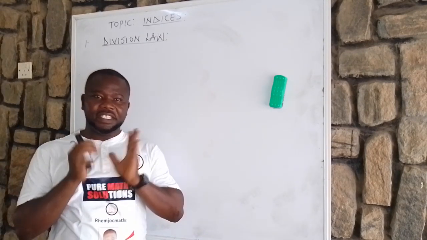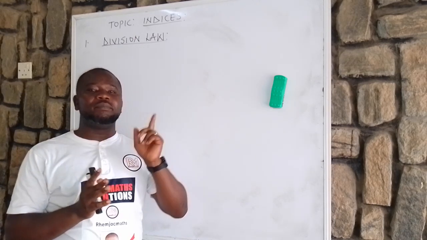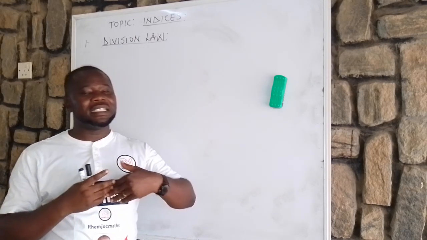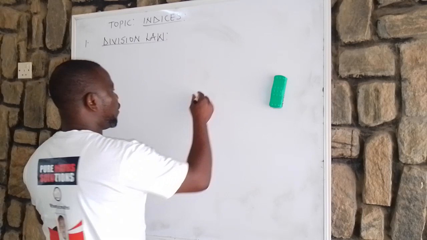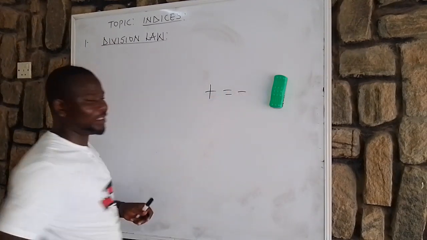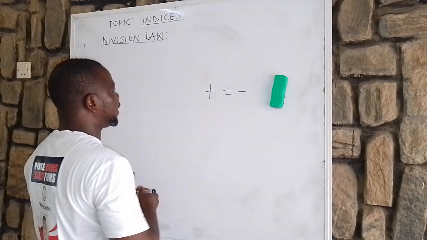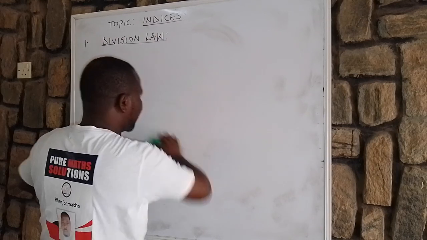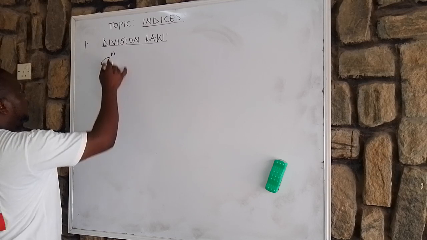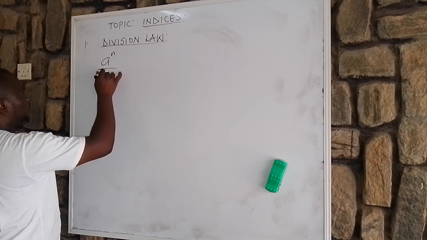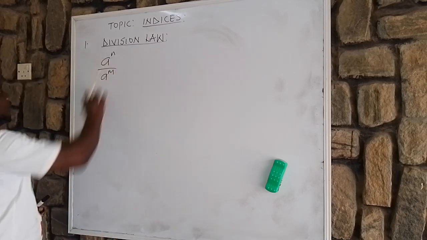Division law is the same approach, but the difference is, if the bases are the same, you pick one of the bases, then you subtract the powers. Just like the opposite of plus is minus. In multiplication we use plus, but in division we are going to use minus. So if we have a raised to power n all over a raised to power n, you don't need a prophet to tell you what to do if you are asked to simplify this.